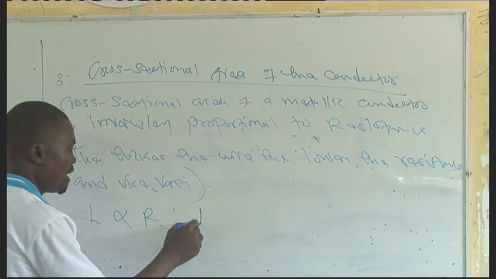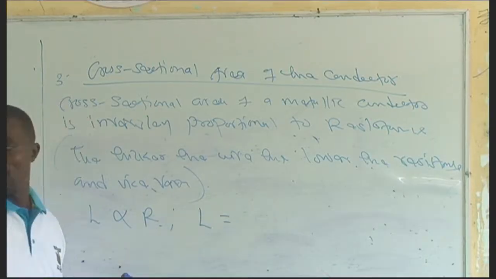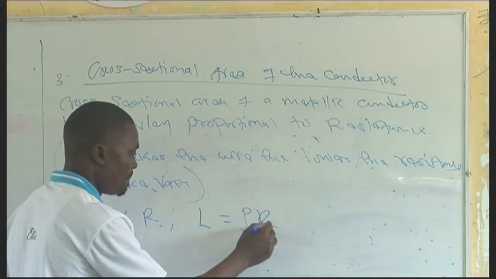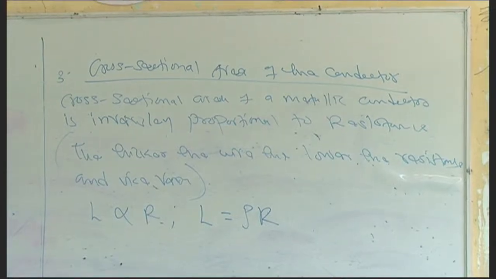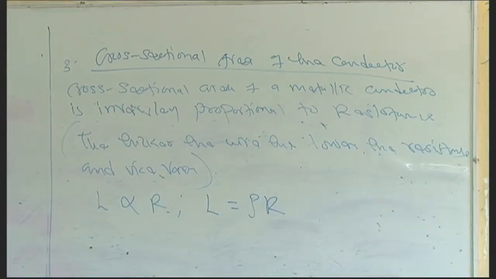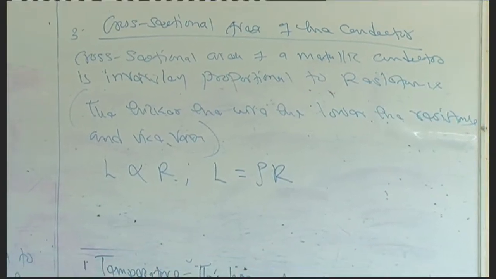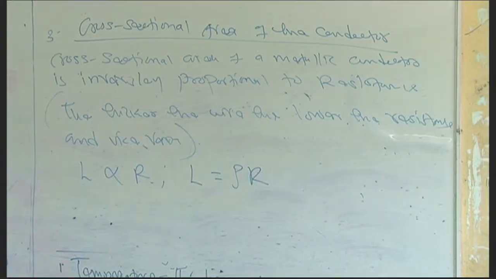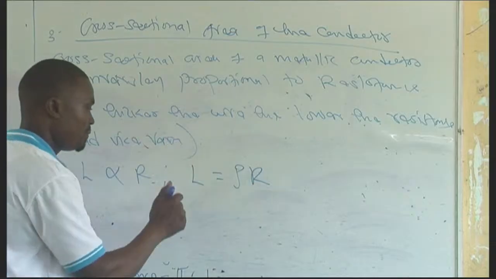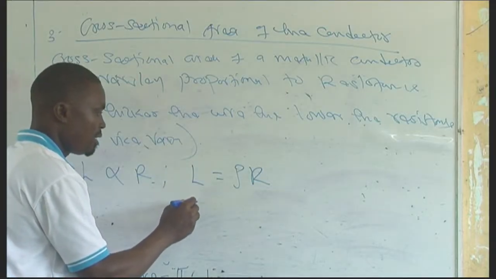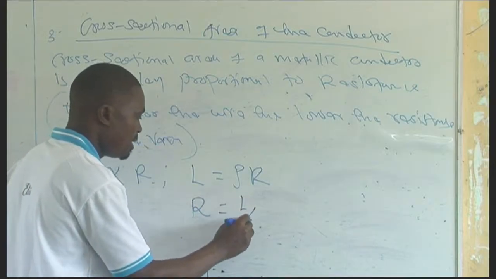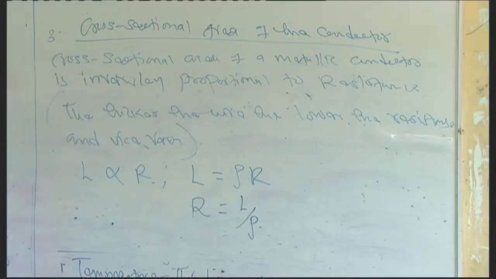So we therefore can say L equals a constant of proportionality times R. Then, if you want to get R, this resistance, we divide both sides by that constant. So R is L over that constant.